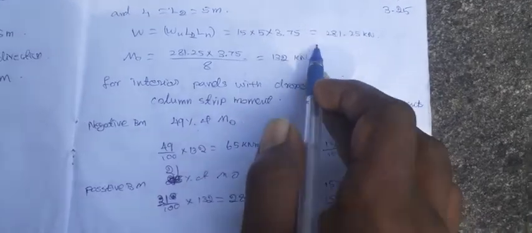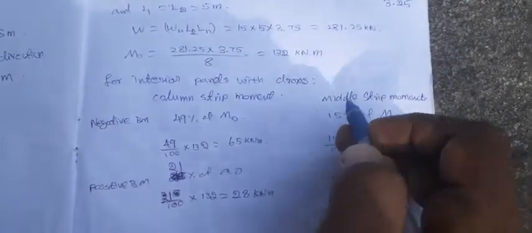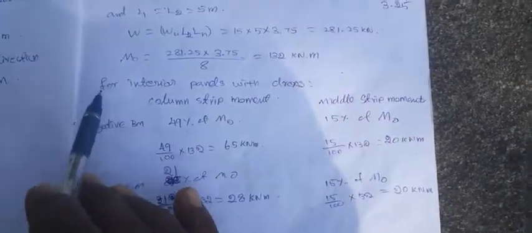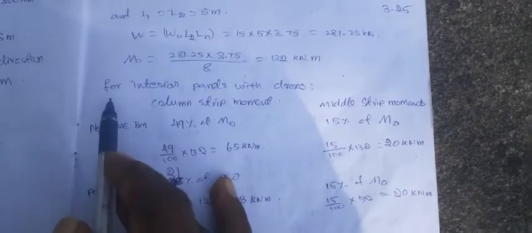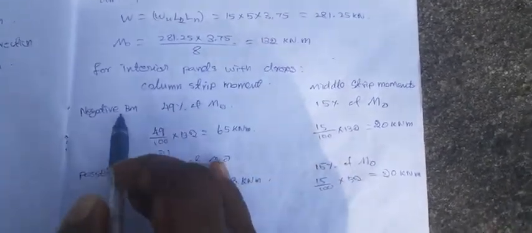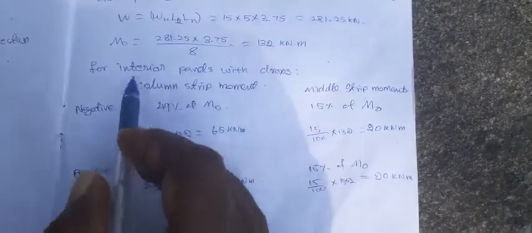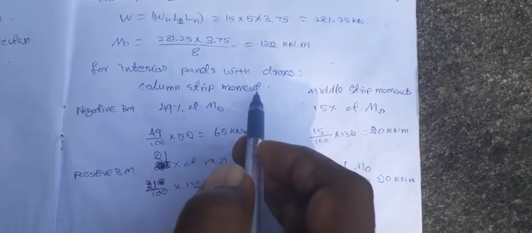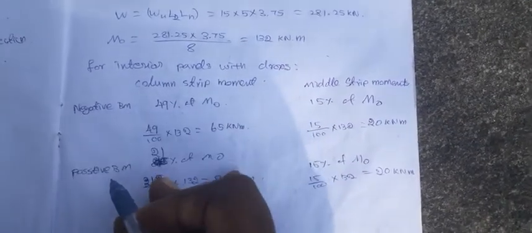So we have to split these moments for the interior panels into middle strips and column strips. Already we know the moments are distributed by some percentage. For interior panels with the drops, we have to split up the negative moments and positive moments. First we take the column strip moments. The column strip has more negative bending moment, and also a positive bending moment.